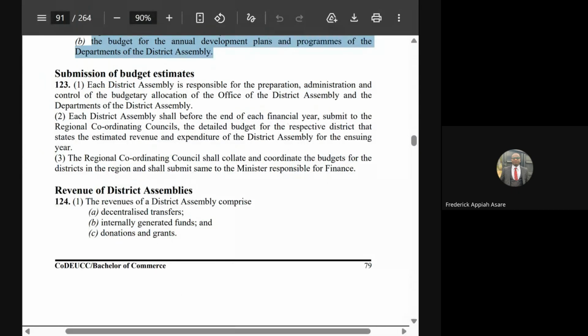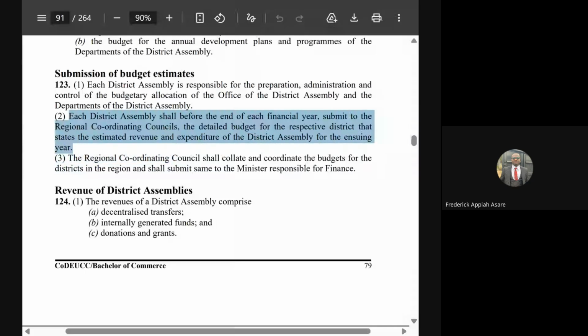Now, each district assembly is responsible for the preparation, administration, and control of the budgetary allocations of the office of the district assembly and the departments of the assembly. Each district assembly shall, before the end of each financial year, submit to the regional coordinating council the detailed budget for the respective district that states the estimated revenue and expenditure of the district assembly for the ensuing year.